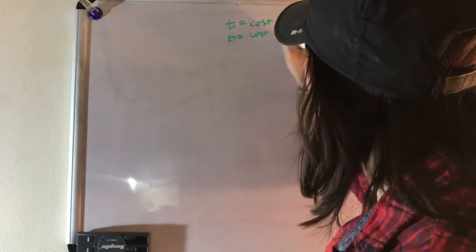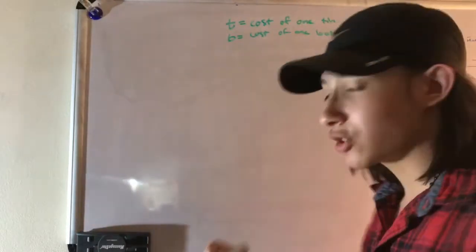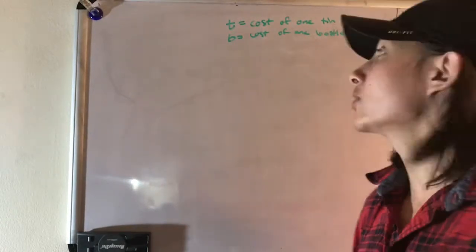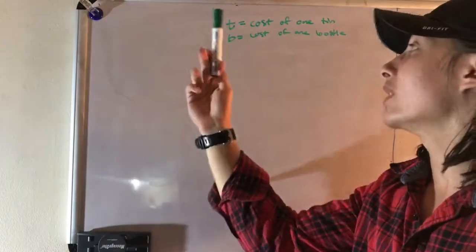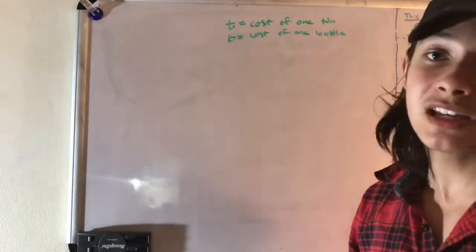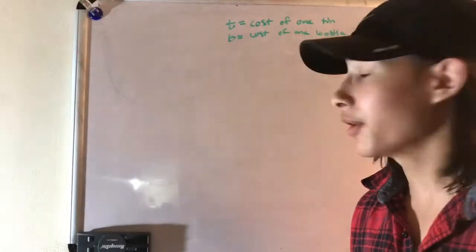You could actually use X and Y, but I personally would just want to use T and B to organize my thoughts better, so that I can instantly recognize that T means tin of milk powder and B means bottle of oil.